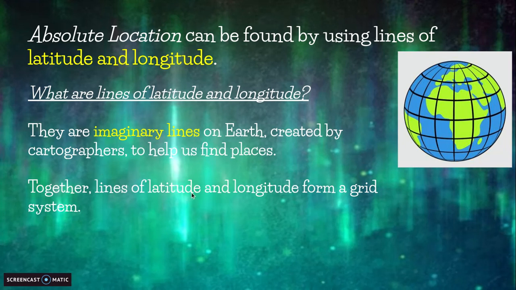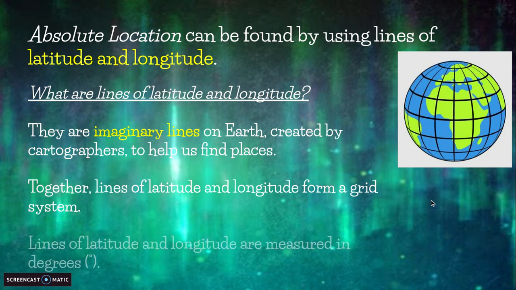Together, lines of latitude and longitude form a grid system. So if you look at the map of Earth on the page, when you put latitude and longitude together, it forms a grid system. Lines of latitude and longitude are measured in degrees.